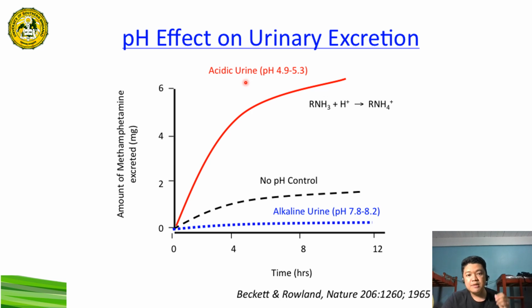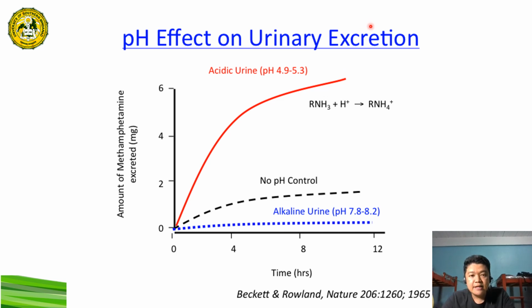So repetitive or chronic administration of ammonium chloride, which is an acidifying agent, will acidify the urine. In this case, as you can see here, there will be an increase in the excretion of methamphetamine in the acidic urine. This figure reports that about 70% of the dose is recovered in the urine.